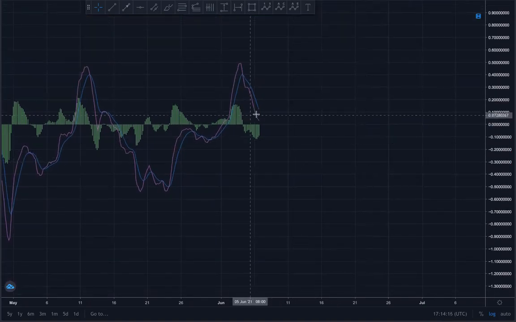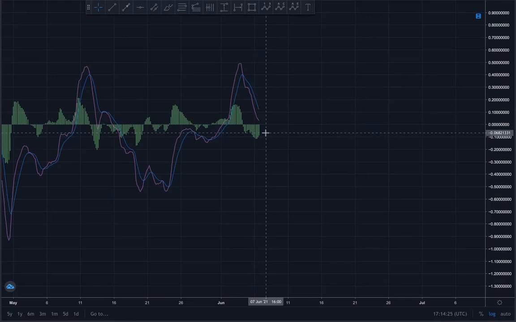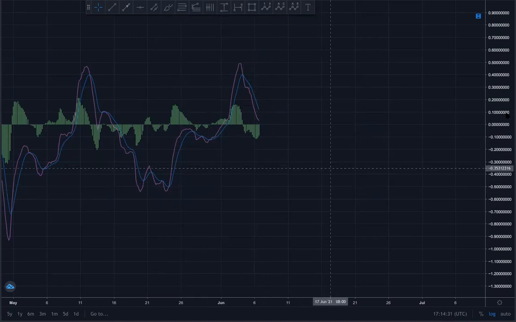So on the 4-hour, we definitely have time and space to continue moving down. However, let's start looking for friends of MACD and friends of RSI. Let's start looking for some bullish divergence. That'll be a nice sign for us.